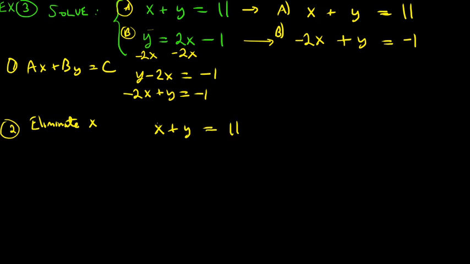And just multiply both sides by 2. Why 2? Well, to cancel the negative 2 in equation B. So when we do that, we get 2x plus 2y equals 22.